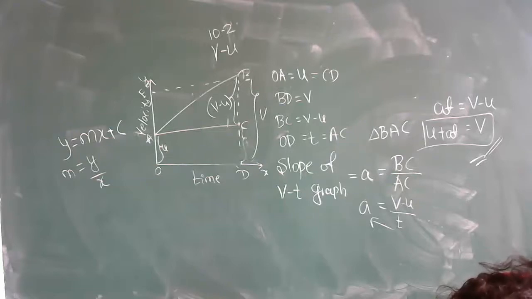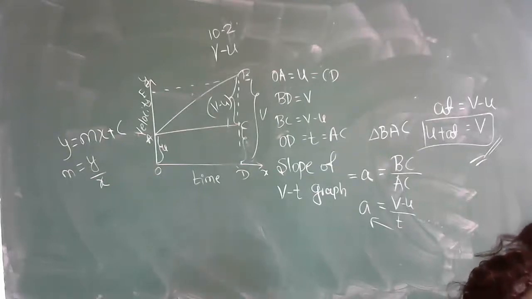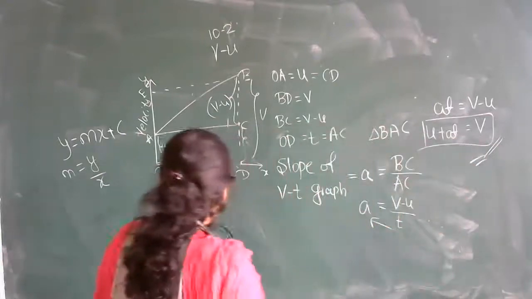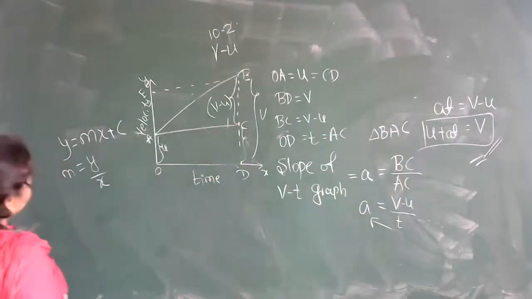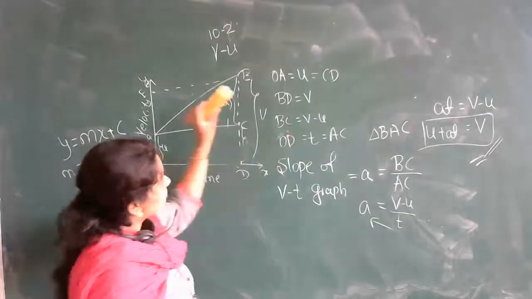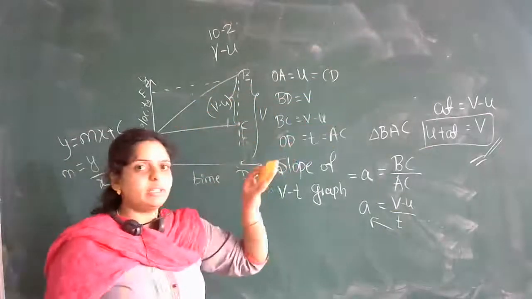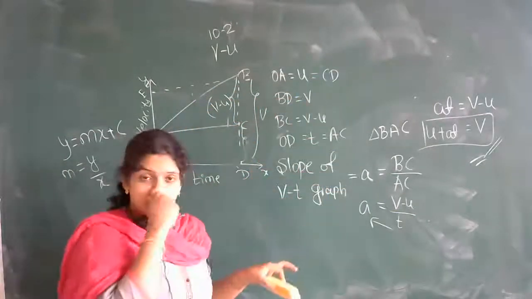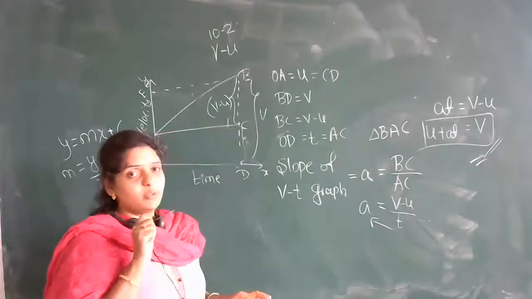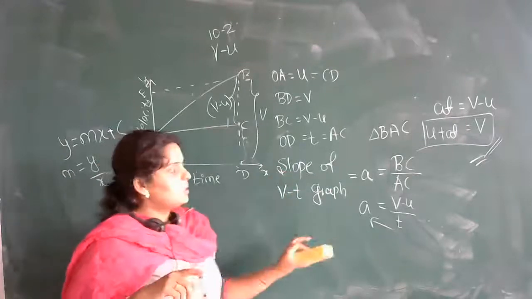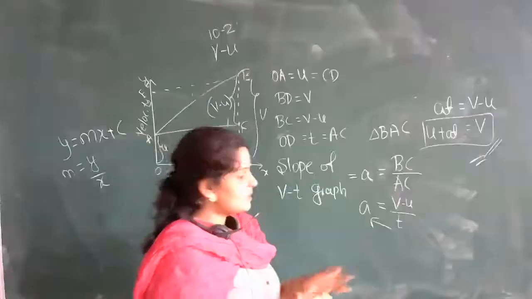Yes, I'll send the recorded video. If you understand the first one clearly, then the second and third derivations will be easy for you. Okay, we'll go for the second derivation. All this labeling, everything you have written, I want to erase because I need space, so please copy this step also.